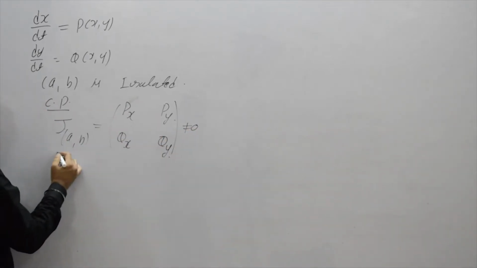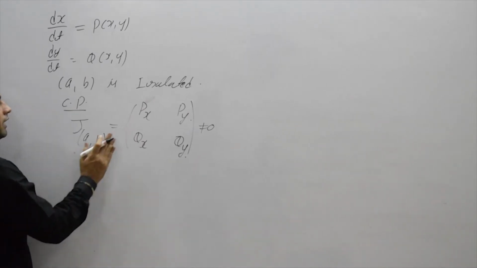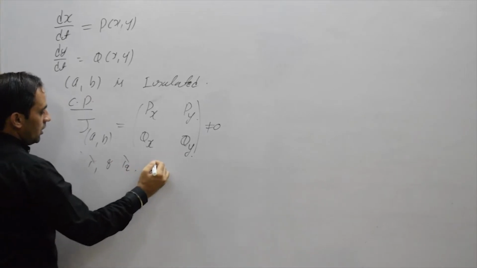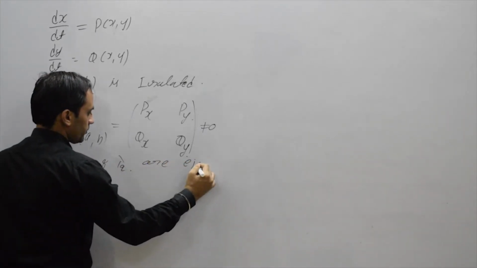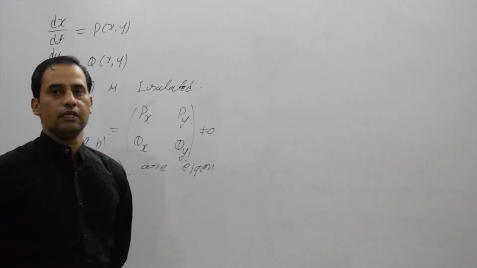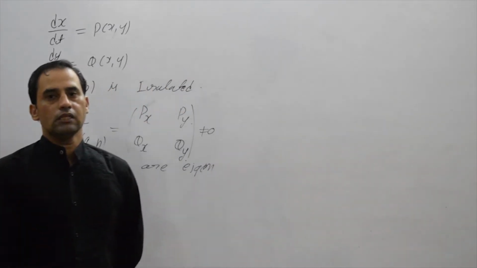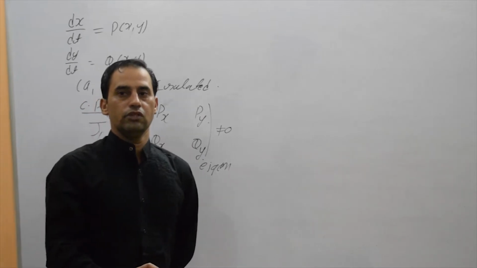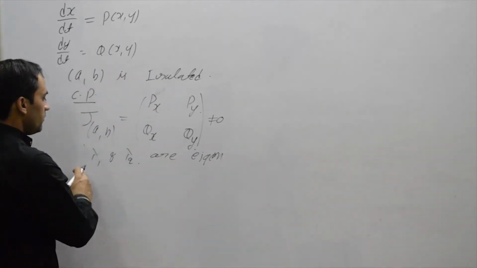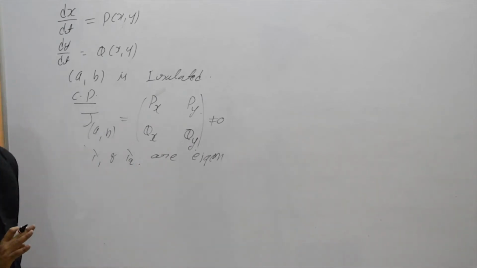Then lambda 1 and lambda 2 are the eigenvalues of this system. These eigenvalues may be real and distinct, real and repeated, complex with real part non-zero, or complex with real part zero. Based on these eigenvalues, there is a classification of the critical point.